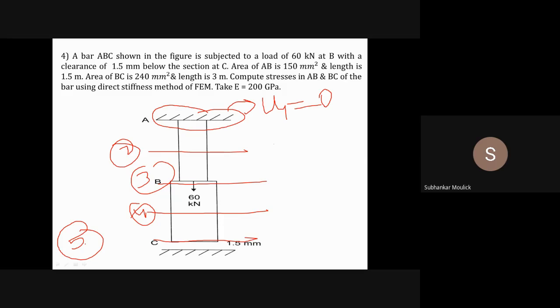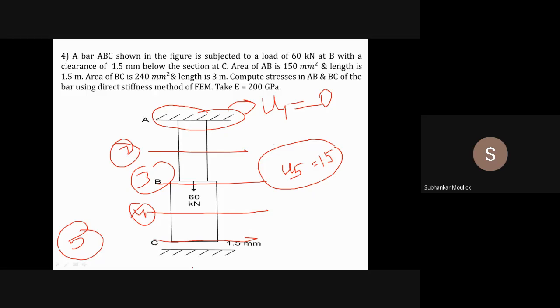One more boundary condition is given to you, that is U5. This node U5 maximum value is how much? It is 1.5 mm. It cannot go beyond 1.5 mm. If it goes beyond 1.5 mm, then this particular end will come out of this fixed end. Is it possible? It is not possible.